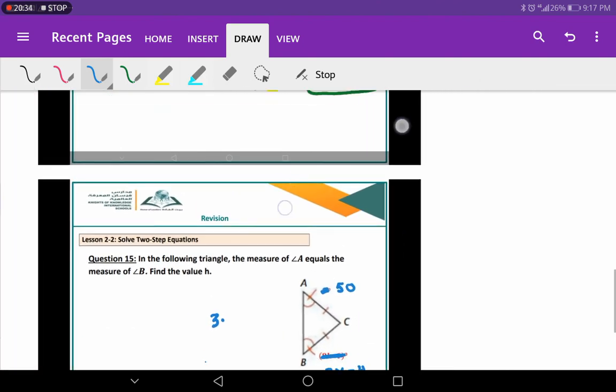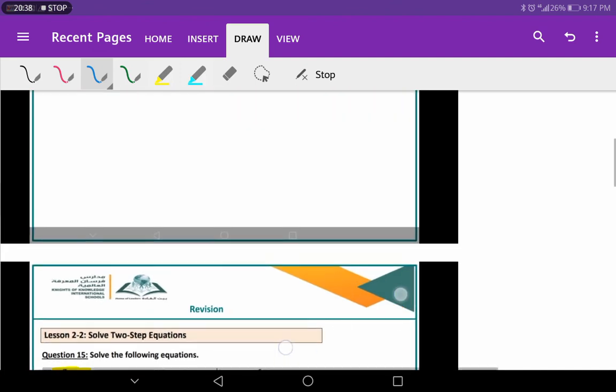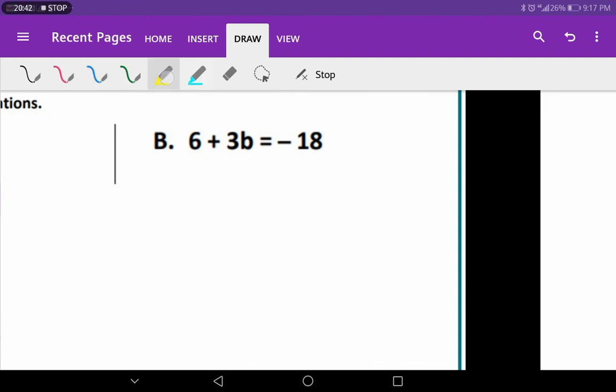Okay, let me check all the questions here. You know how to do this, yes? Left side, right side. We ignore the side that has no variable, and we ignore the part of the coefficient, so it is 6, so negative 6 on this part and negative 6 on this part.